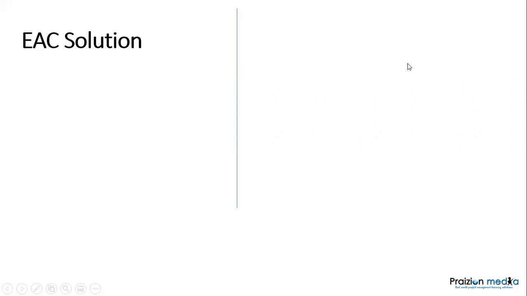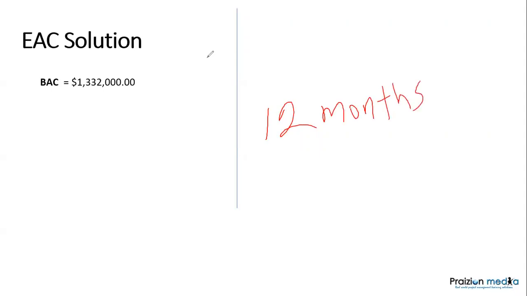Now, here's the deal. The solution is the budget at completion is 1.332 million. How do we get that? Well, remember we have a 12-month endeavor, and we are multiplying that by the 111,000 given.